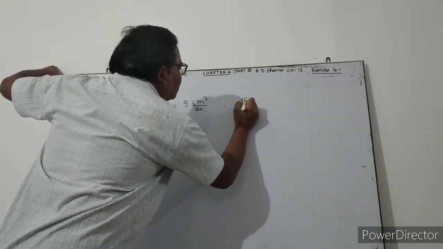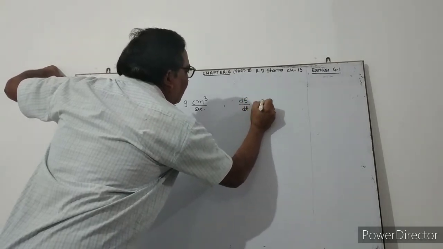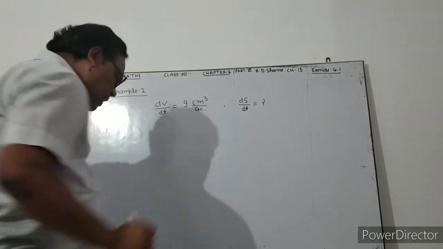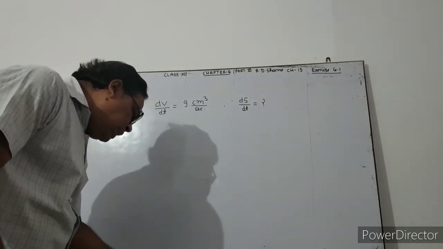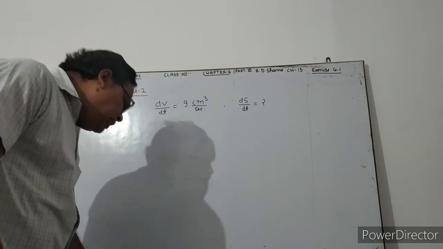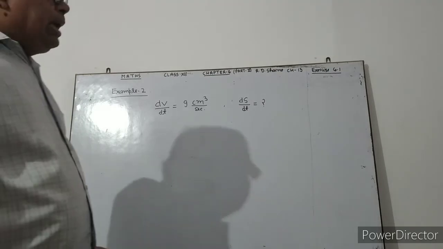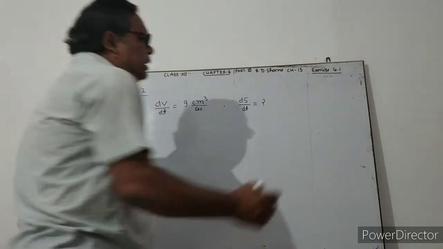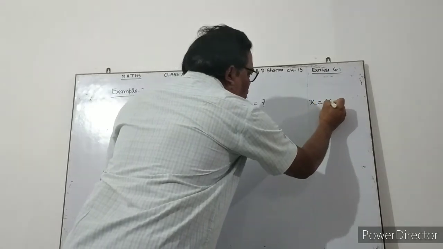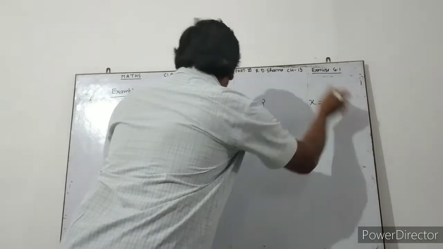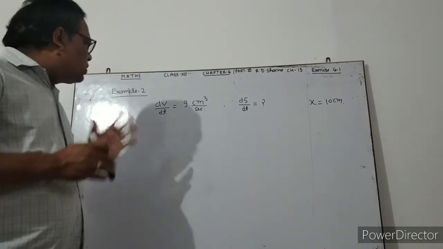How fast is the surface area changing, that is, what is the value of dS upon dt? And what is given? When the length of the edge, suppose edge is x, then at that time the length of edge is x equal to 10 centimeter.